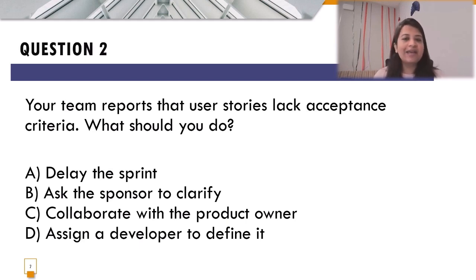The developer will take different cases into consideration which may or may not be appropriate given the project's direction. So the correct answer here would definitely be to collaborate with the product owner and clarify the acceptance criteria.